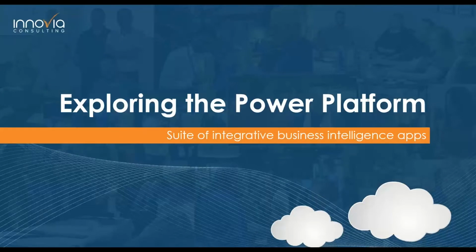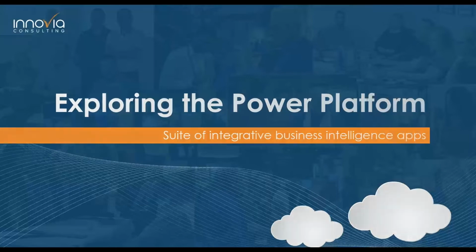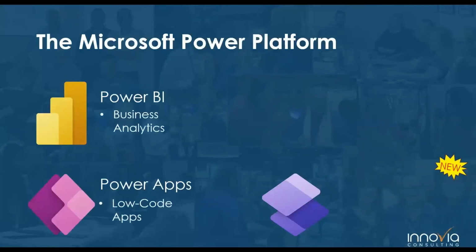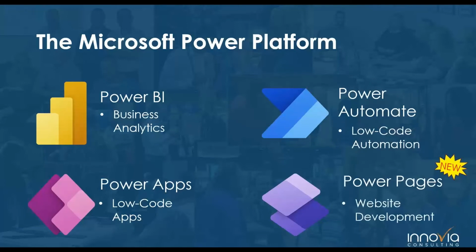All right, and before we dive into the individual improvements for each component of the Power Platform, we just want to briefly introduce the components of the platform that we will be covering today and what niche they fall into. Starting off, we have Power BI.